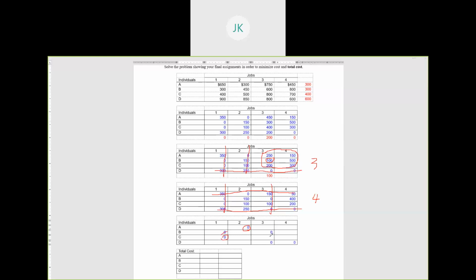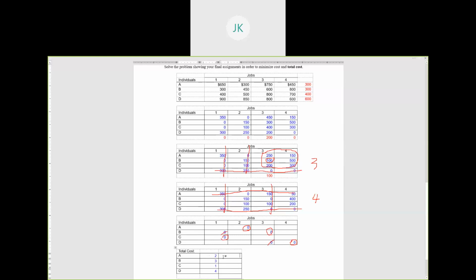Then only this one can be assigned, so assign this one, and then this one cannot be assigned, then assign this one. So individual A is assigned to job 2, individual B is assigned to job 3, and C is assigned to 1, and D is assigned to 4.